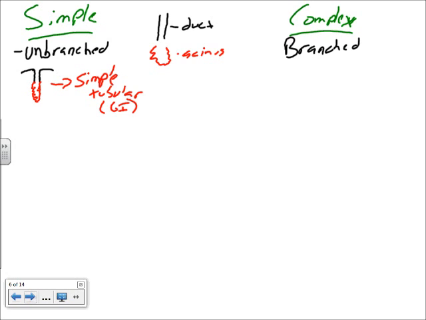They'll be like this, and then the active portions are going to be like so. Essentially, you see one duct, and then these various tubular extended active areas.